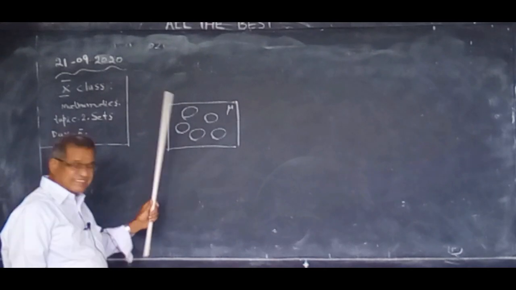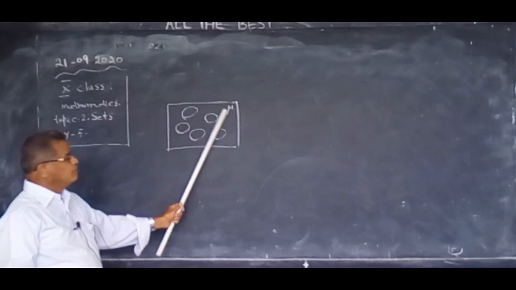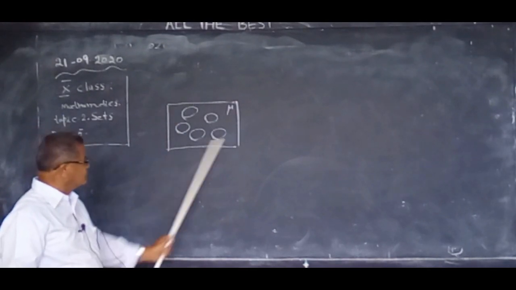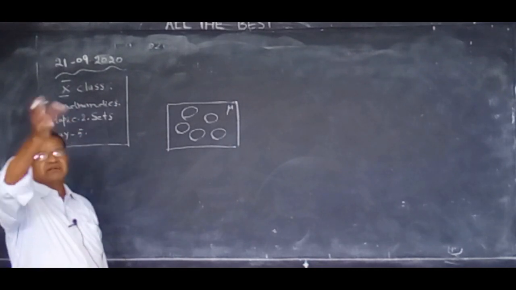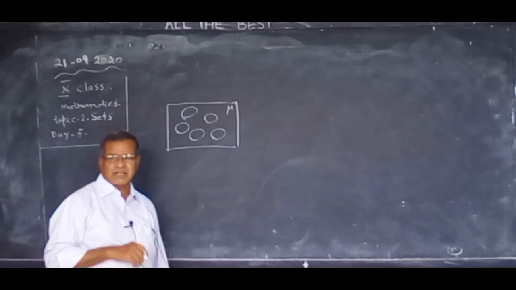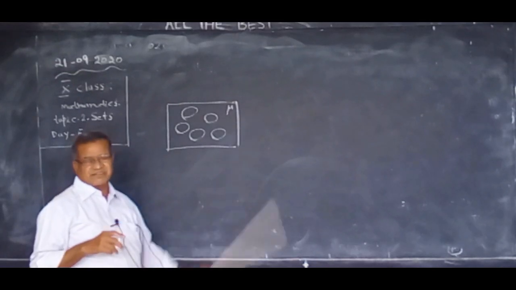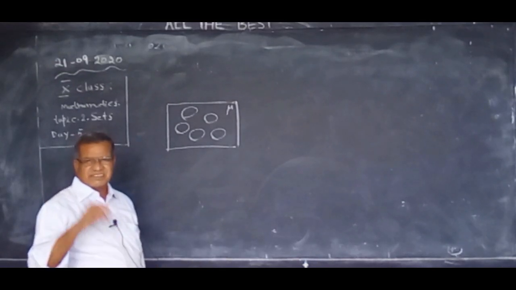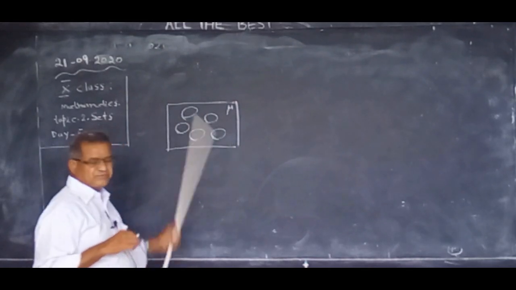They all are covered in one rectangle. All planets are covered by the universe. Months, like January, February, are covered in a year. Like that, you can think of it as a universal set.